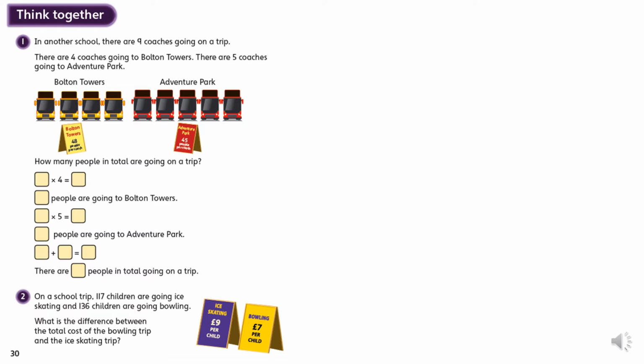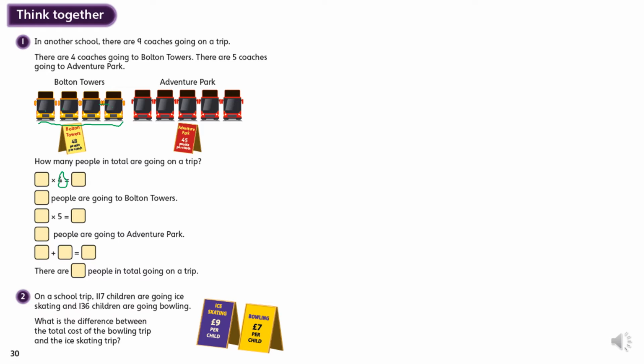Right, now it's our think together. In another school, there are 9 coaches going on a trip. There are 4 coaches going to Bolton Towers, and there are 5 coaches going to Adventure Park. So how many people in total are going on a trip? First of all, we're going to work out how many people are going to Bolton Towers. I know that because it says multiplied by 4, and we have 4 buses going to Bolton Towers here.